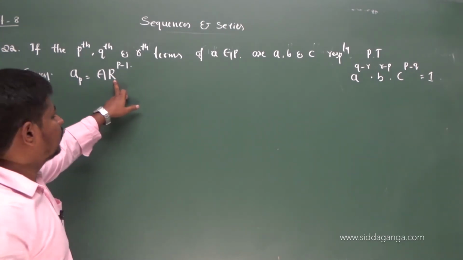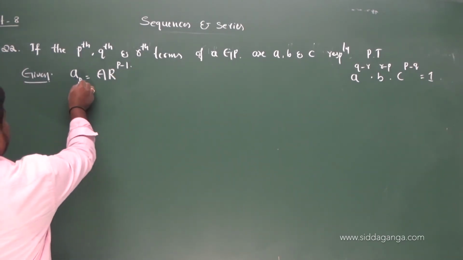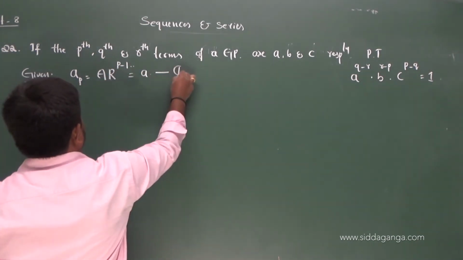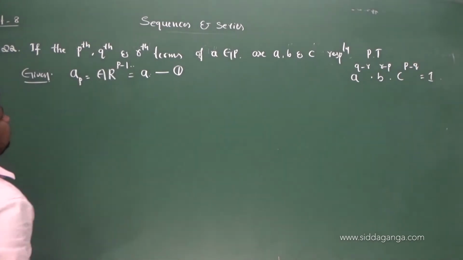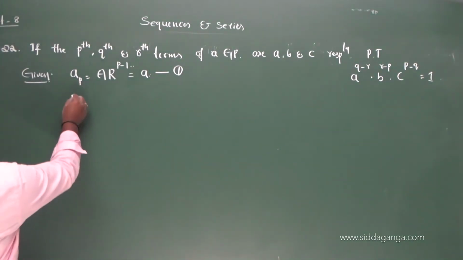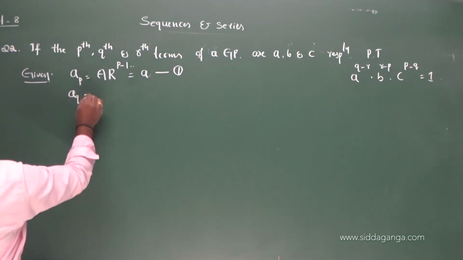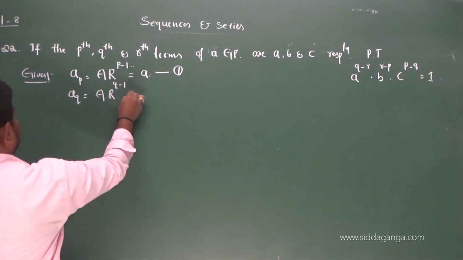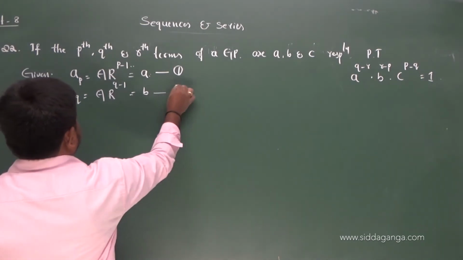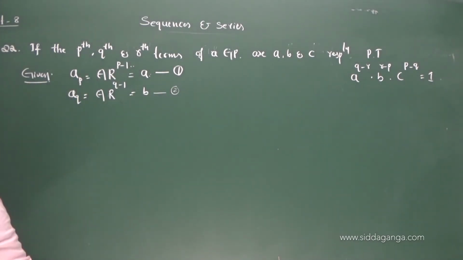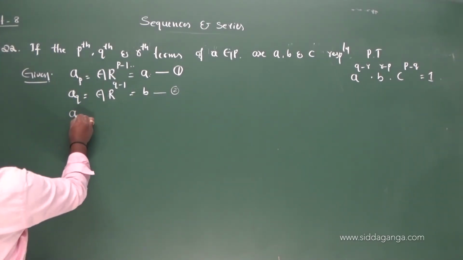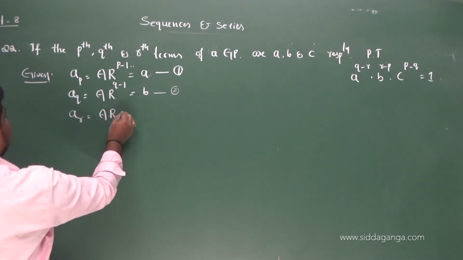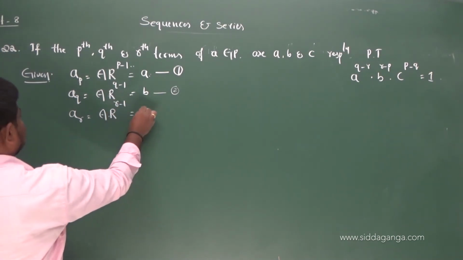So the pth term is A R power of P minus 1, that is given as A. Take it as equation 1. Next, the qth term is A R power of Q minus 1, that is given as B. Equation 2. And the rth term is A R power of R minus 1, this is equal to C.